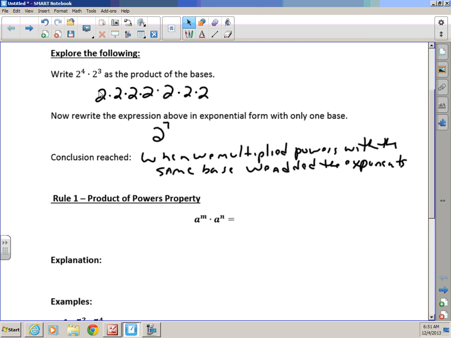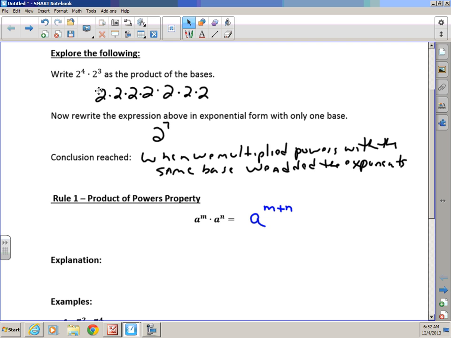We write this rule, and this is the first of our rules, which is the product of powers property. If I have a to the m power times a to the n, I would rewrite that as a to the m plus n. Okay?